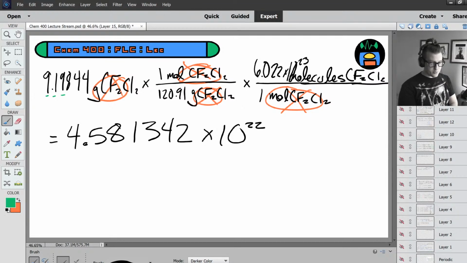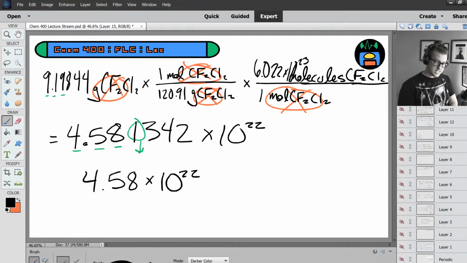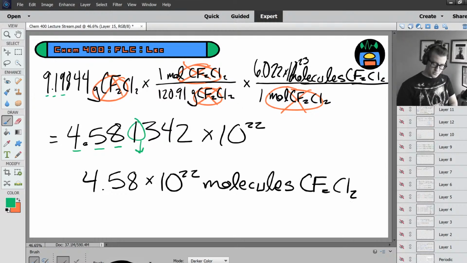We can only keep 3 sig figs, however, and this one will round down. So our final answer, correct value with the correct sig figs, will be 4.58 times 10 to the 22nd. The correct units here are molecules of CF2Cl2.